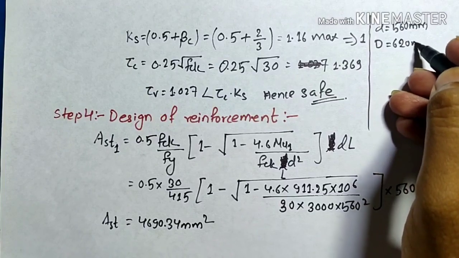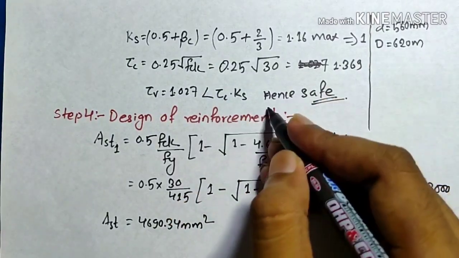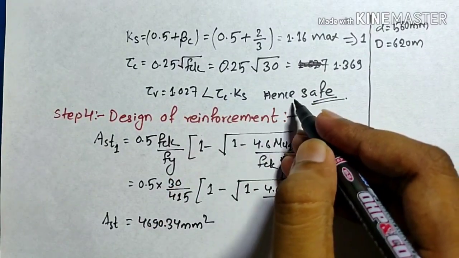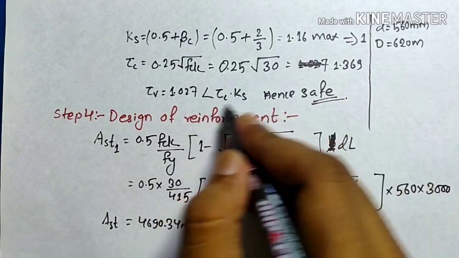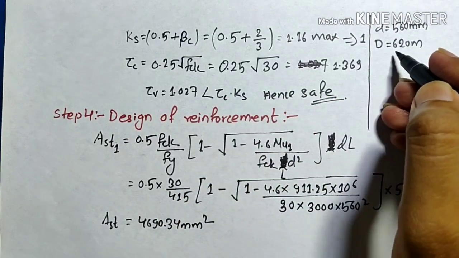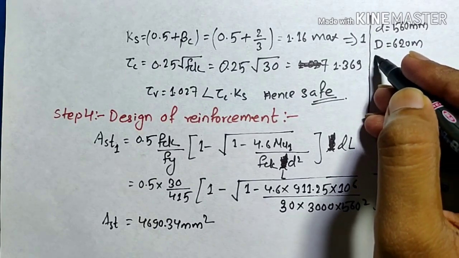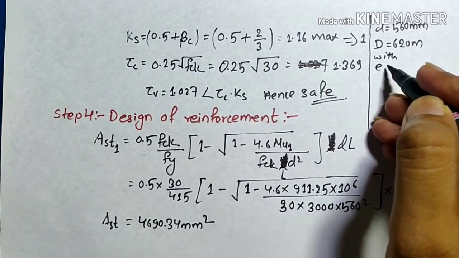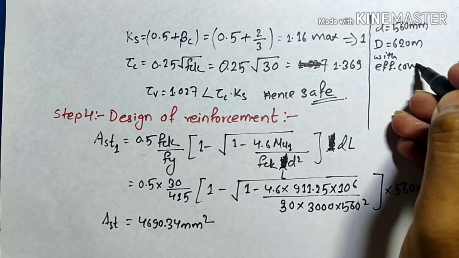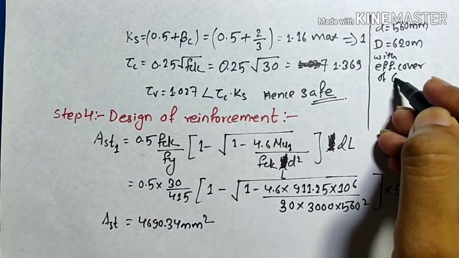This step comes after our footing gets safe in two-way shear. So the overall depth is 620 millimeter with an effective cover of 60 millimeter.